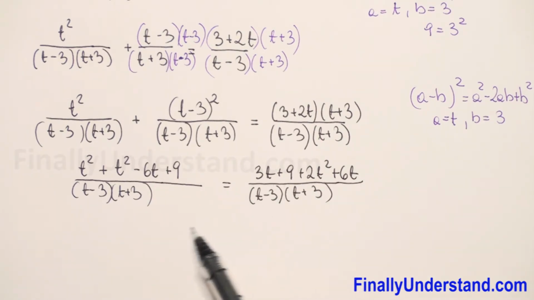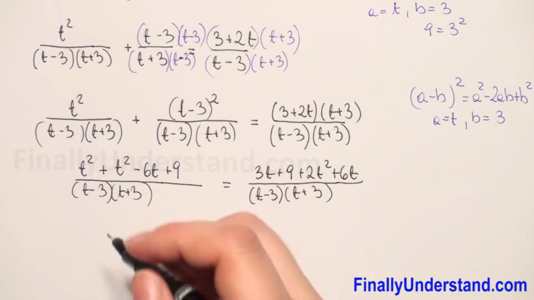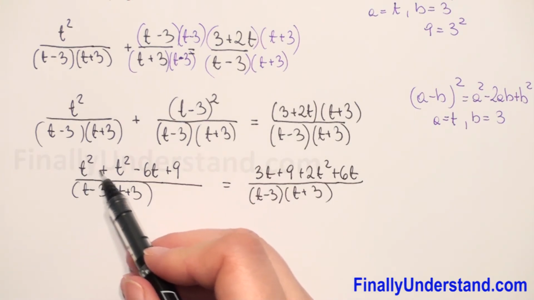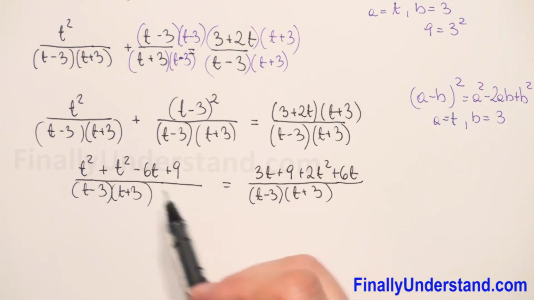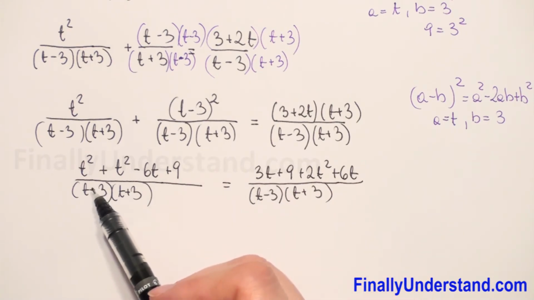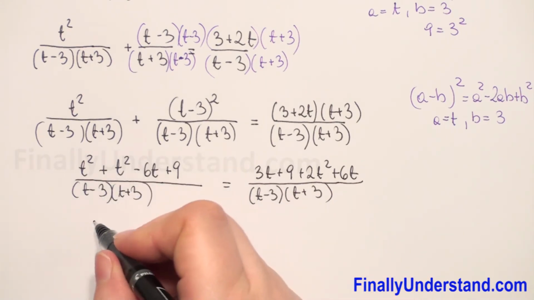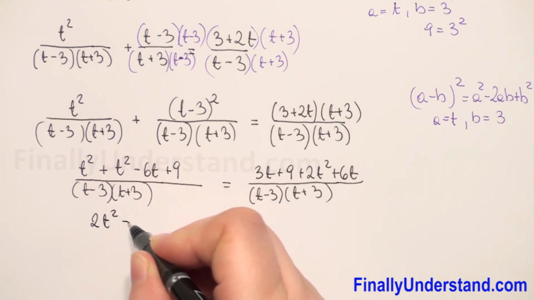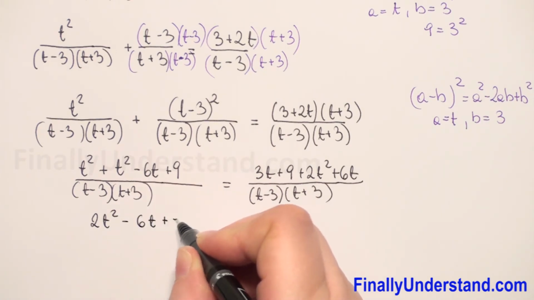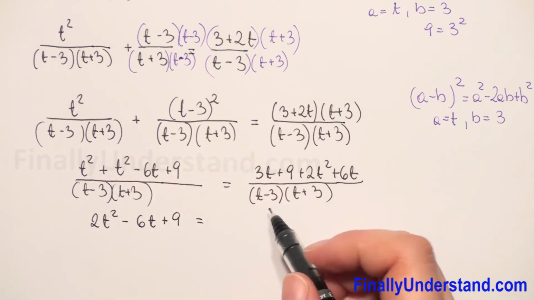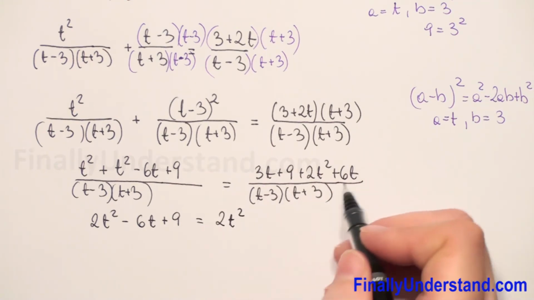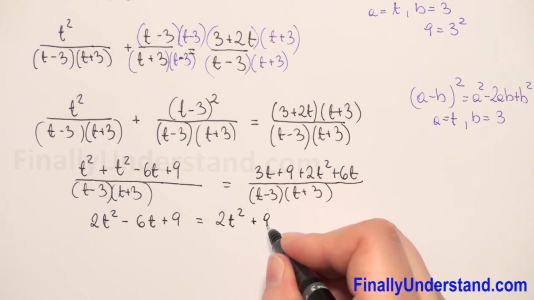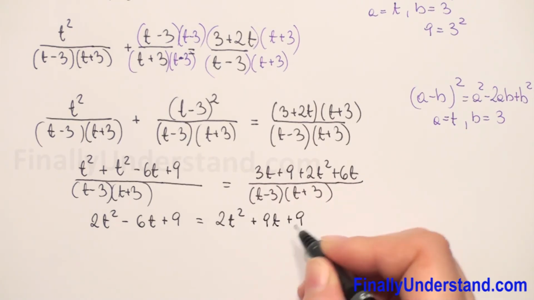So we can now forget about denominators. We only have numerators to compare, and now we combine like terms. t squared and t squared is 2t squared. We have minus 6t plus 9. This is equal to 2t squared, and 3t plus 6t will be 9t, plus 9.